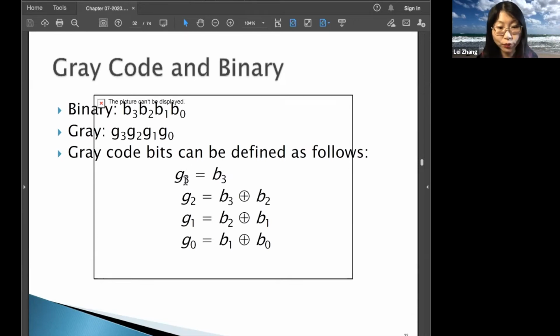How do we generate the different bits from binary bits? G2 equals B3 XOR B2, G1 equals B2 XOR B1, and G0 equals B1 XOR B0. You can probably see the pattern here.